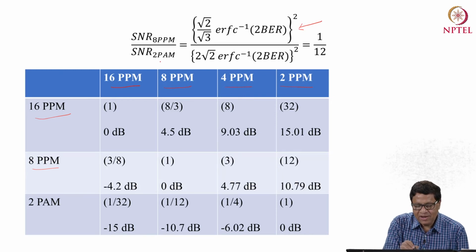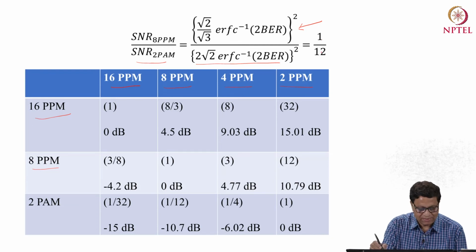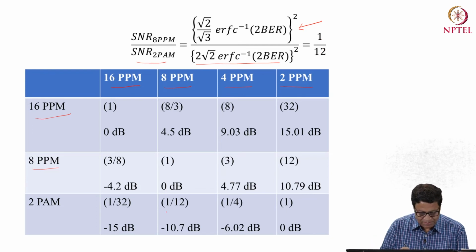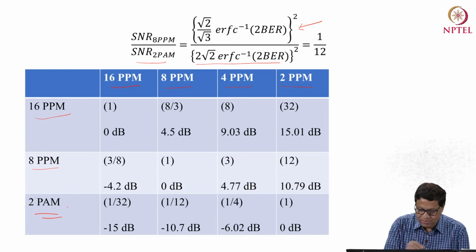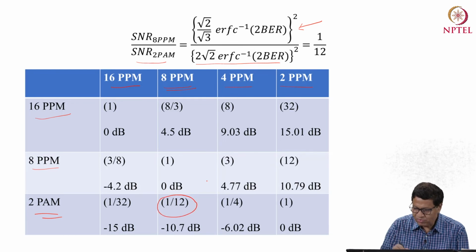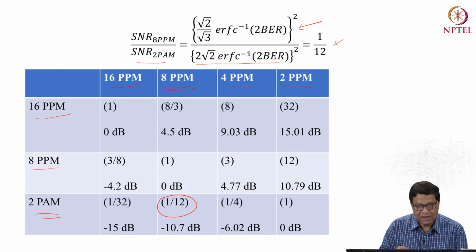And similarly, if I calculate SNR for 2 PAM, which is nothing but NRZ, it is given by this expression. Some of these things will get cancelled, and what I get is 1 by 12. So if you see, for example, 8 PPM here and 2 PAM here, this is actually 1 by 12. And you can convert this into minus 10.7 dB.